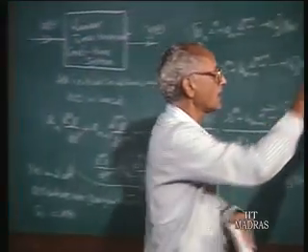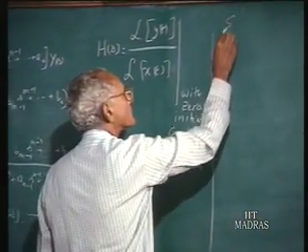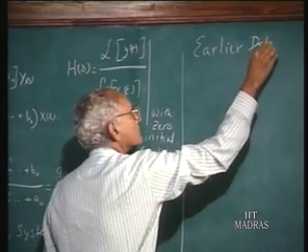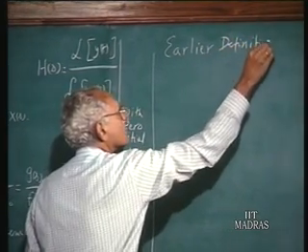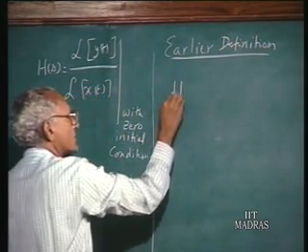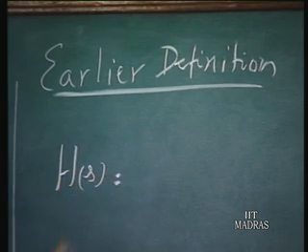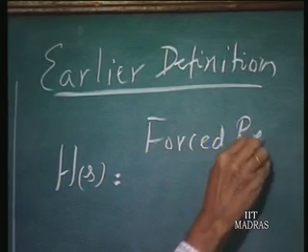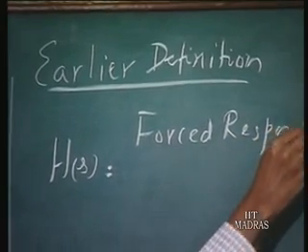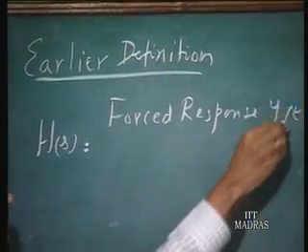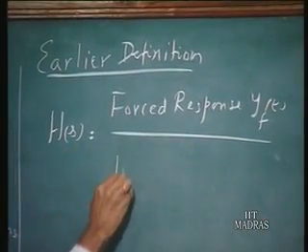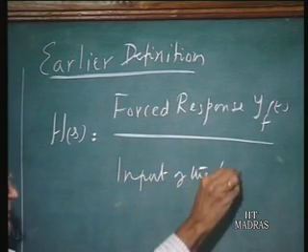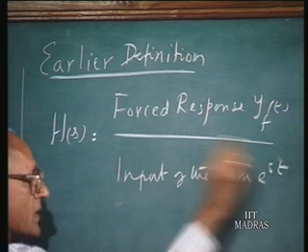In other words, the earlier definition was: H(s) was defined as the forced response y_f(t) to an input of the form e to the power of st.